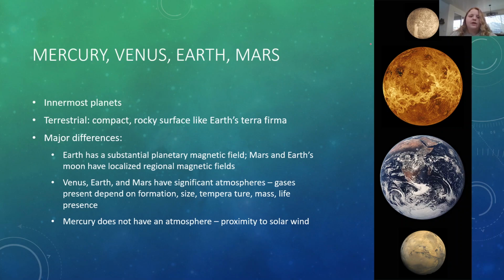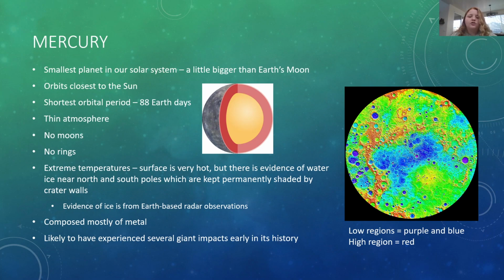Okay, so let's go ahead and start with our first planet here. That's going to be Mercury. So this is the closest planet. I didn't put that here, but first planet from the sun, or closest. And it is also the smallest planet in our solar system.